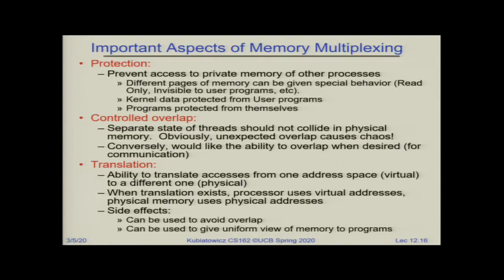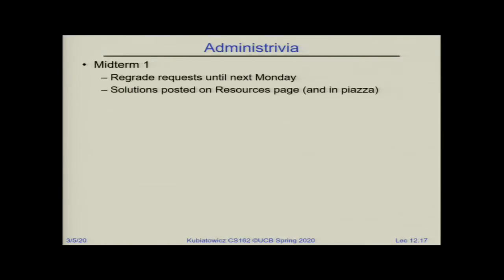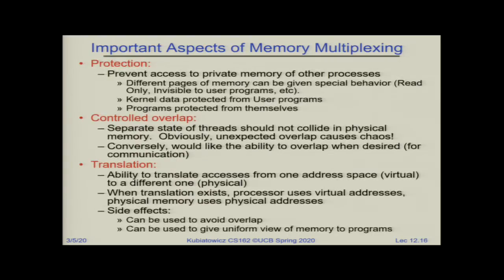You can use it to give a uniform view of memory so that every process thinks it's got 0 even when it doesn't. So there's a lot of powerful things behind translation, okay? The trick is how does it actually work? Okay, so midterm 1, we'll talk about that in a second. Were there any questions on these 3 things here?